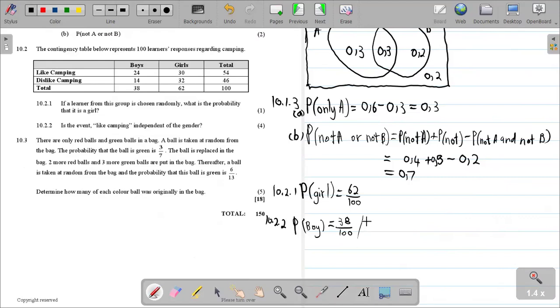And then the probability of those who like camping is equal to 54 over 100.